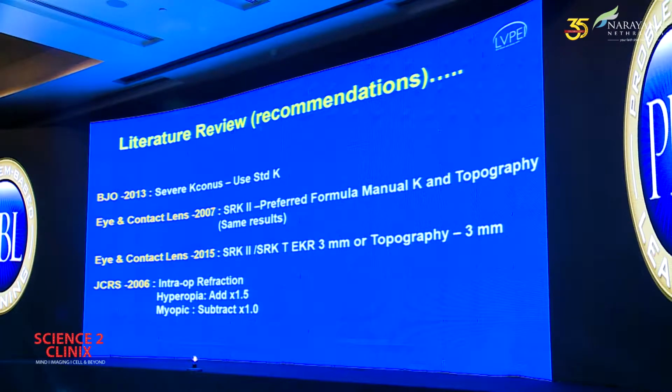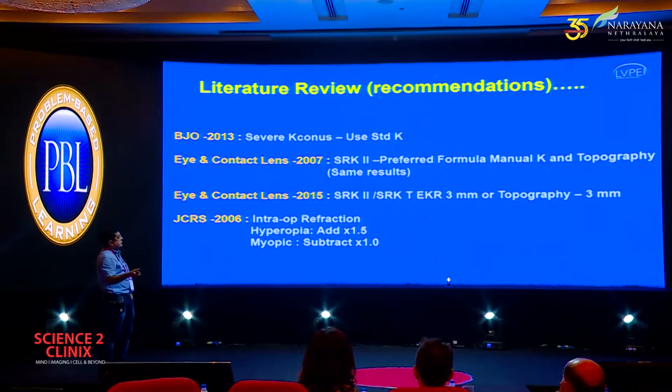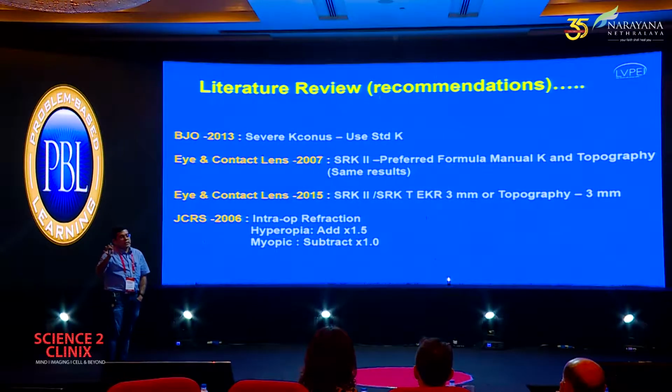This is a study published in Eye and Contact Lens, 2007. They said SRK II is a better formula than SRK/T and others. Then another study in 2015, Eye and Contact Lens, said SRK II, SRK/T, and EKR 3 mm topography are better and give you a nearer estimate of the IOL power calculation.